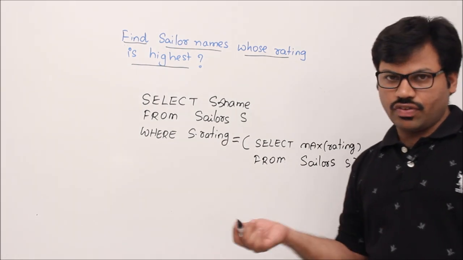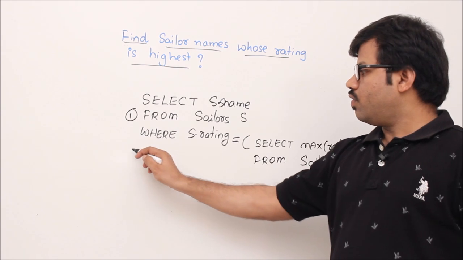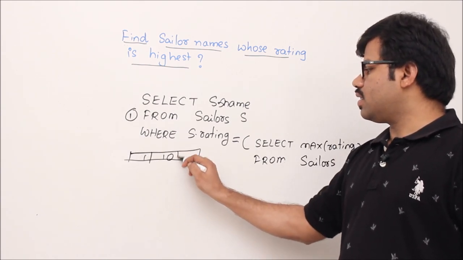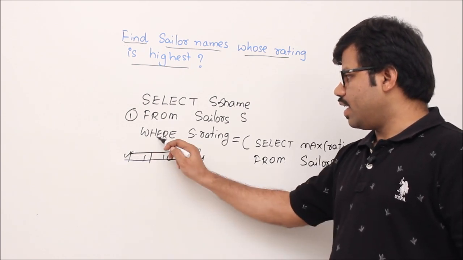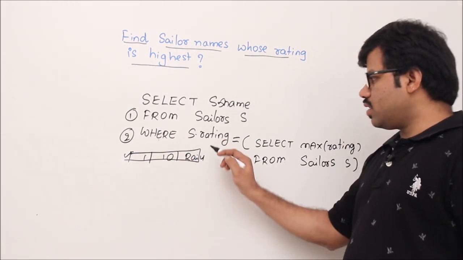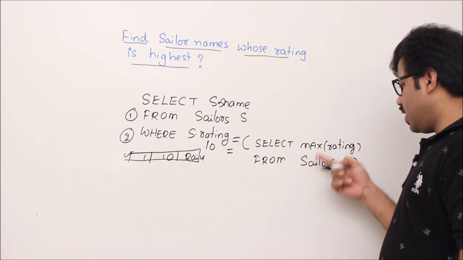Let's try to evaluate this query and understand it. Step number 1, take the sailors, everyone. First of all, take the first sailor, who is nothing but 1, rating is 10, and let's say Raju. Now the where condition is evaluated for this tuple. s dot rating for the tuple is 10, right? So 10 equal to select max rating from sailors.